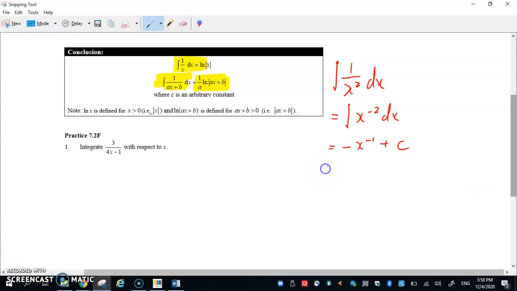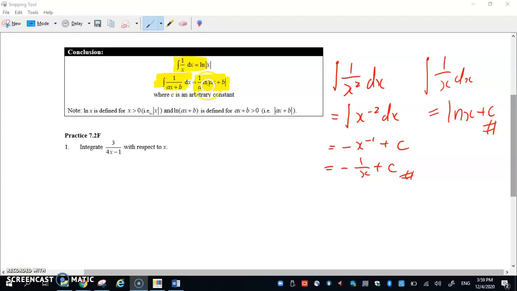And what we get is equals to negative 1 over x plus c, and that is your final answer. So that is the case for when x has a power of 2. But if x has a power of 1, so you have to integrate 1 over x dx, straight away you can only use logarithm. Alright, like this.